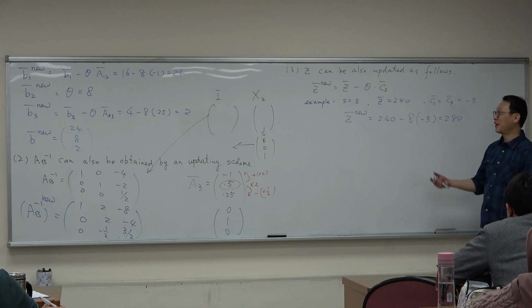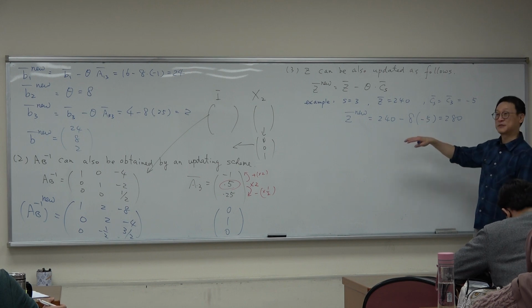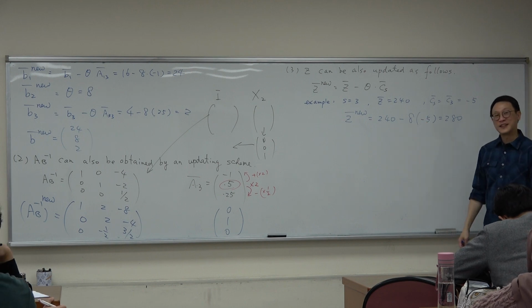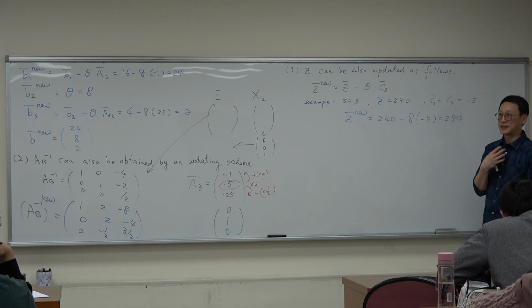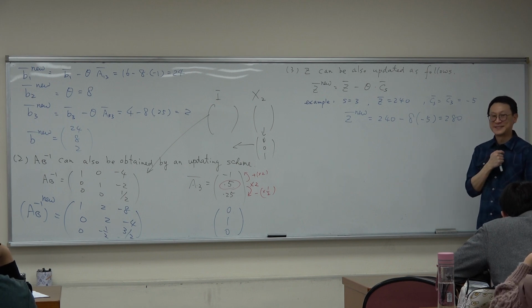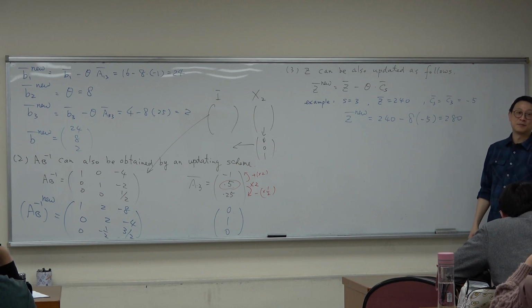So if I utilize this observation 1, 2, 3, actually I already applied the table form, because we utilize Gaussian elimination to do this kind of calculation. Go back to check that.